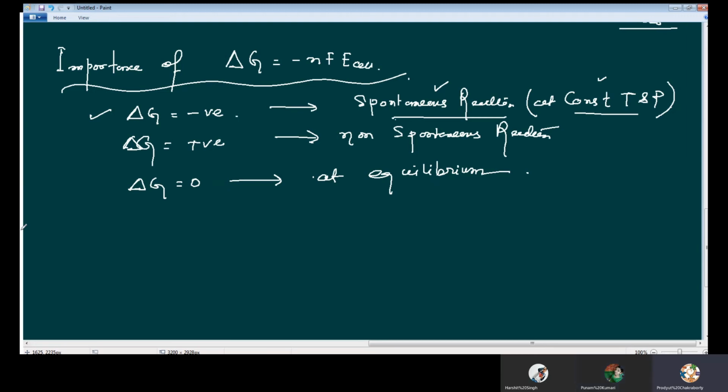At equilibrium, the forward reaction is equal to the backward reaction. Remember, it means it is reversible.